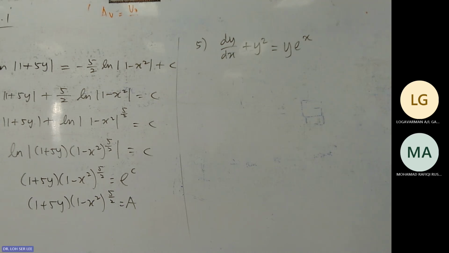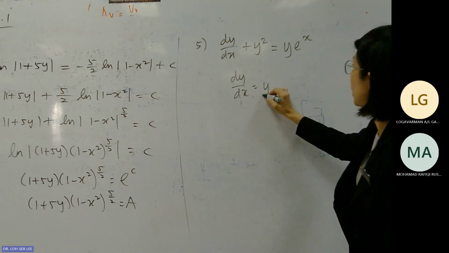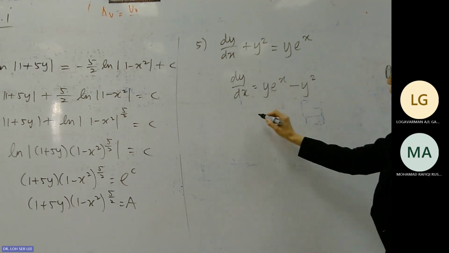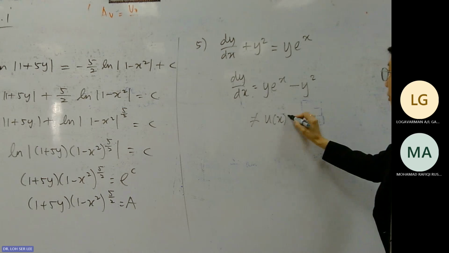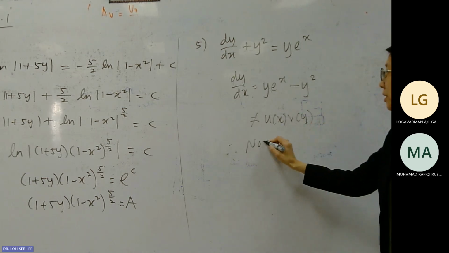Is it separable? Okay, the answer is no, not separable. Because your dy/dx is y e^x minus y squared, where this cannot be separated into u(x) v(y). So not separable.